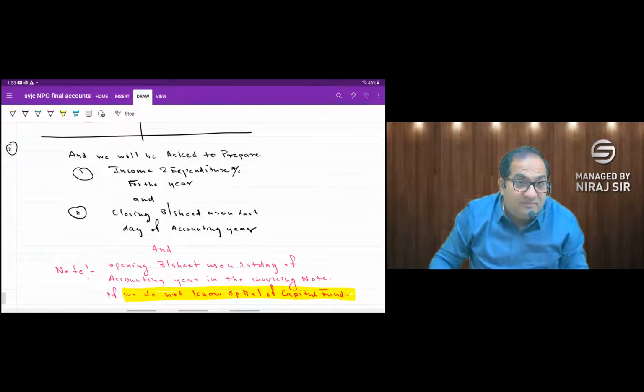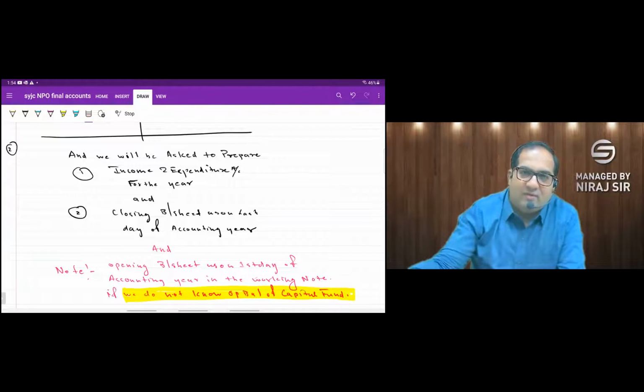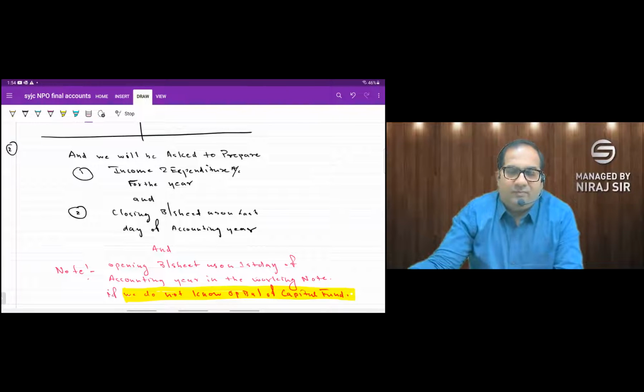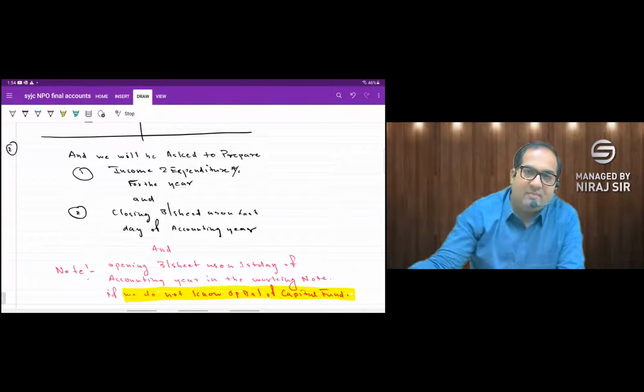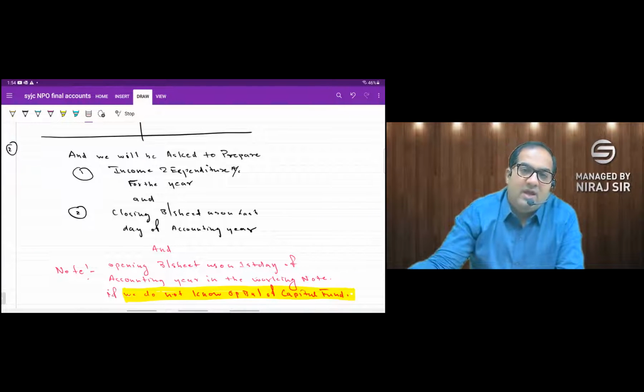Understood? So tell me, when it comes to typically solving the problem in the examination, the type of question that you will have is type 1. They will give you receipts and payments account and adjustments. You are actually supposed to prepare only and only what? Income and expenditure account for the year and balance sheet as on last day of the accounting year.